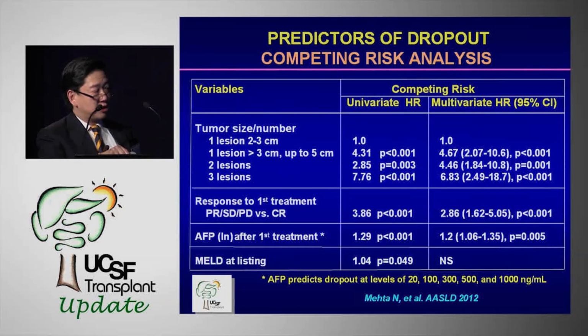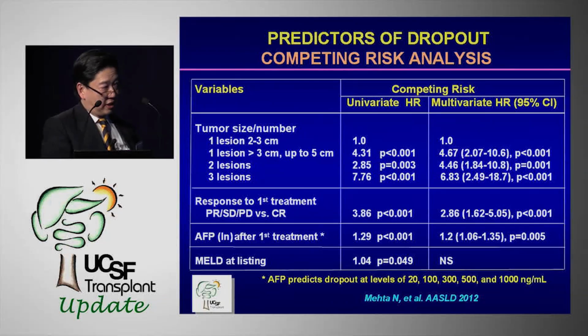The lack of response to the first local regional therapy is also a significant predictor of dropout, and the AFP level after first treatment is also an important factor. The MELD score fell out in multivariate analysis. In fact, the AFP level at many different levels was shown to correlate with dropout from the waiting list.